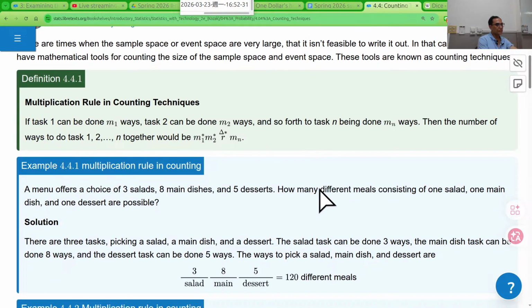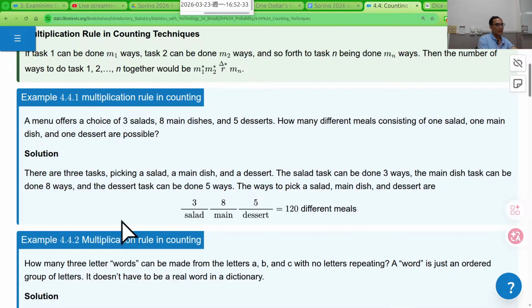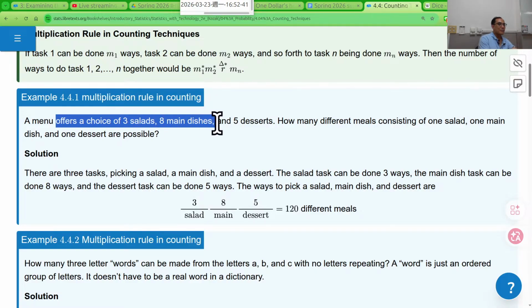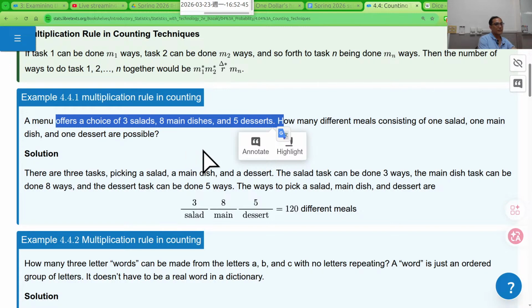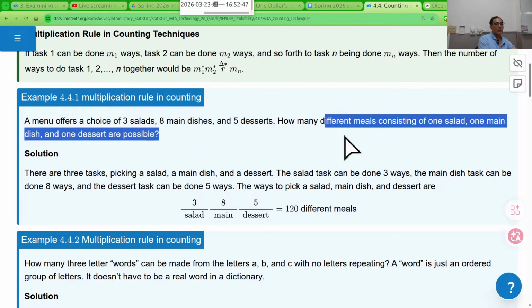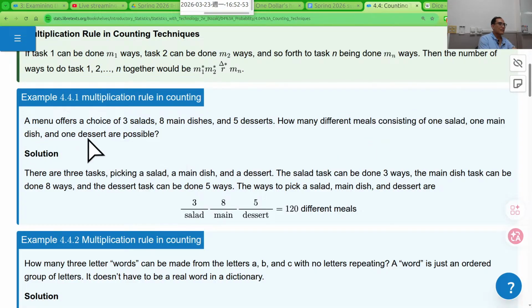For example, a menu offers a choice of 3 salads, 8 main dishes, and 5 desserts. How many different meals consisting of 1 salad, 1 main dish, and 1 dessert are possible?